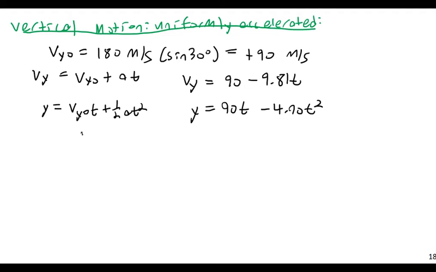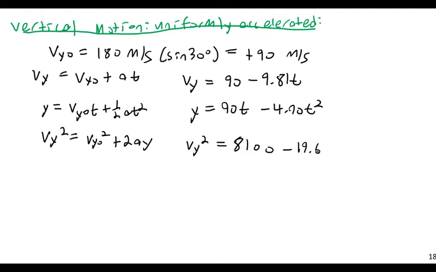Or I could also say Vy squared is equal to Vy naught squared plus 2ay, or simply Vy squared is equal to 8100 minus 19.62 y. So basically I'm just working through the equations of uniform motion that we saw earlier, that we saw on Thursday.